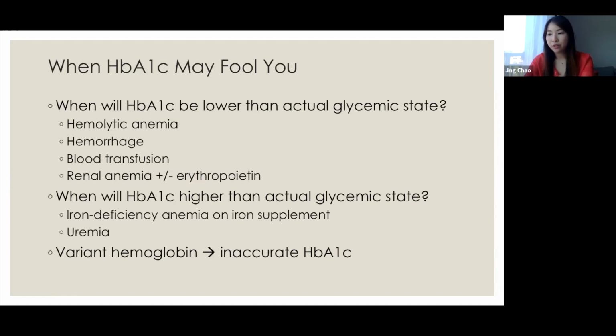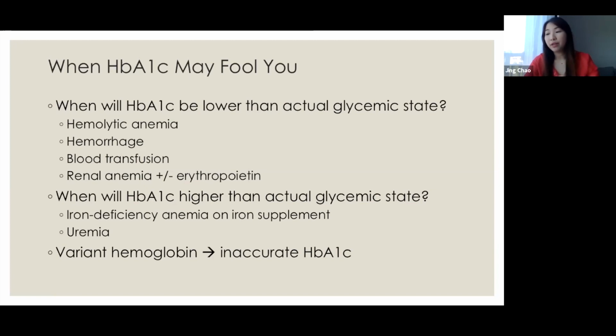So that induces the chemical reaction resulting in the measured A1C. And there are also times that patients' A1C will look worse than their actual blood glucose control. This is more rare compared to A1C being falsely low. But an example of this will be your patient with iron deficiency anemia who now starts to take iron. That would potentially make A1C falsely high.